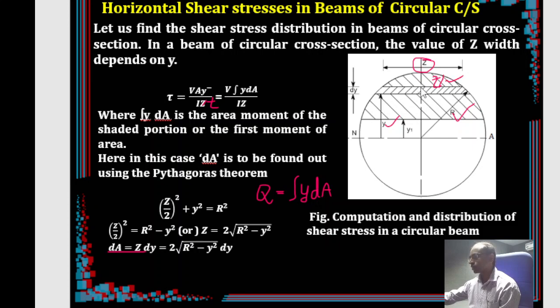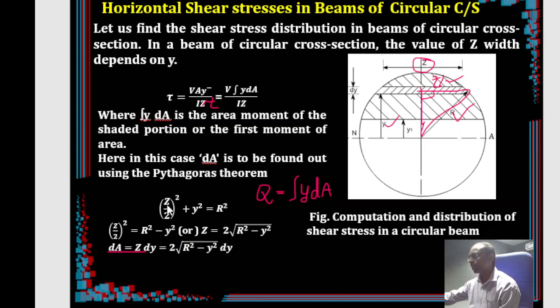This is one triangle, with a right angle, and I can use the Pythagoras theorem, saying that the diagonal square is nothing but this one square plus this one square. So r square is equal to z by 2 square plus y square. Thereby z is what should be thrown out of this equation.